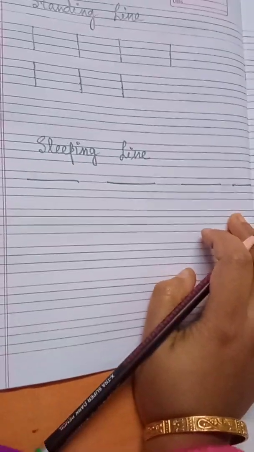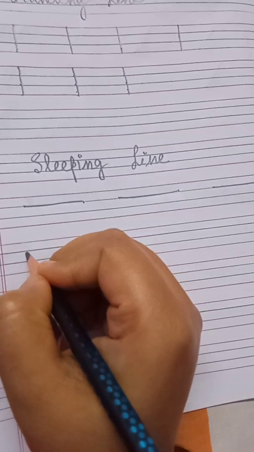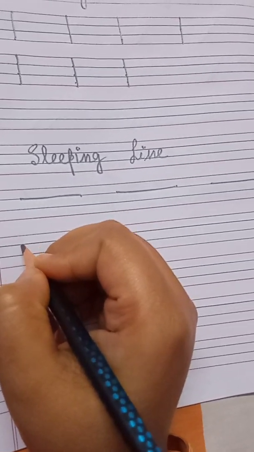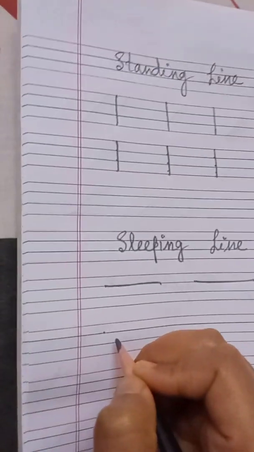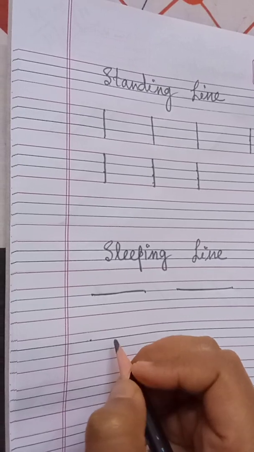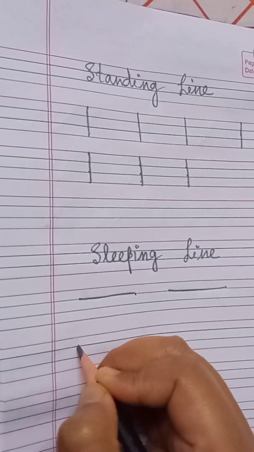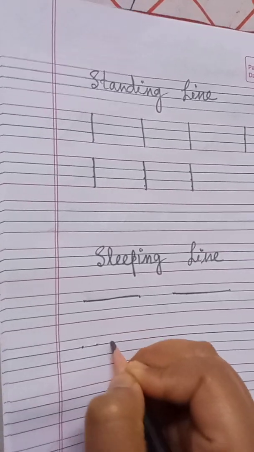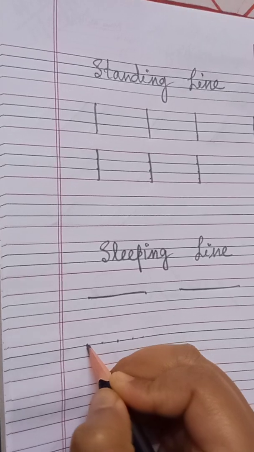You have already learned it in my previous class, but I'm going to mention it again. If some of the kids are too little, parents first of all please draw some dots, then tell them to join it.